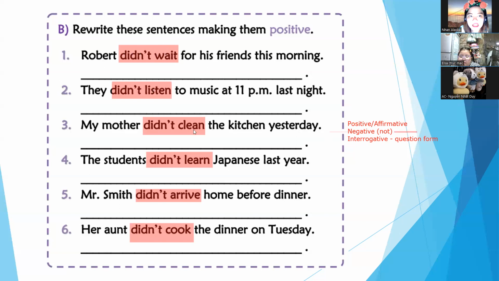Now, this will serve as your homework, but we can answer at least one. For your homework, you need to rewrite these sentences, making them passive. Robert did not wait for his friends this morning. So how can you change that to passive, Elsa?